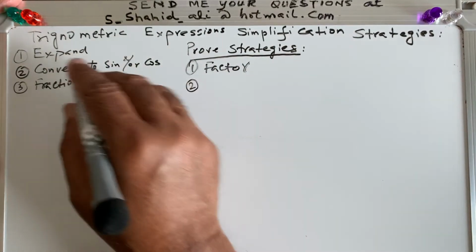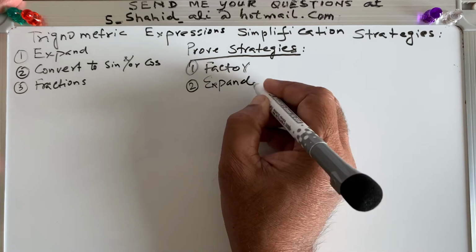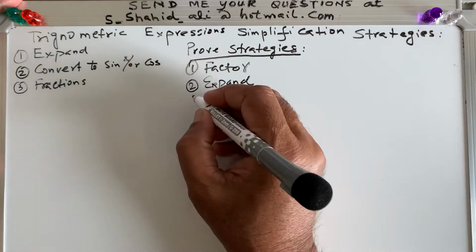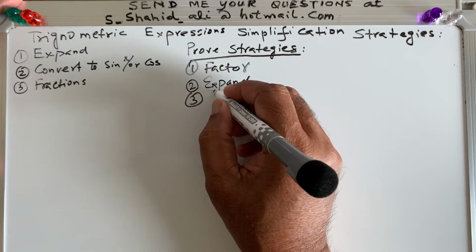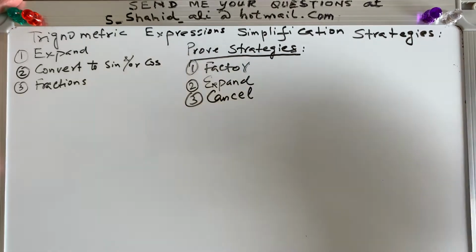And then as we did expand, we know how to expand it, or real multiplication or real division. Then we have cancellation. Cancellation means whatever is common or cancelable, we cut that.